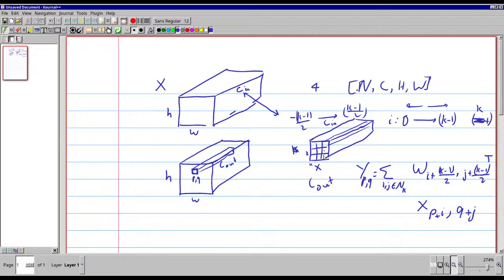And then we repeat for all the possible vectors in the filter, and this is what this sum gives us.